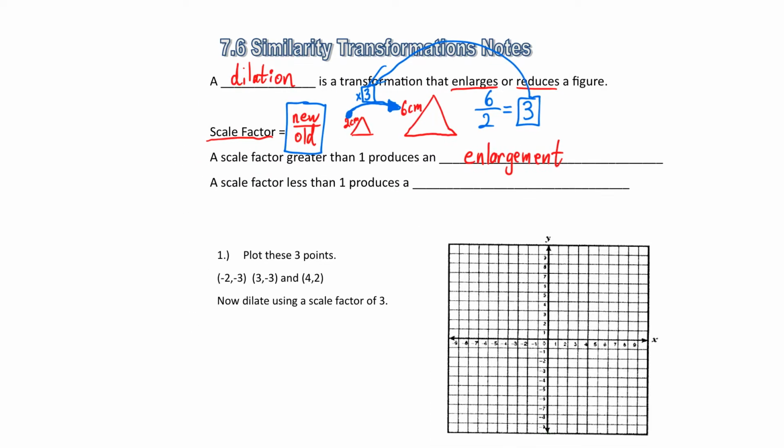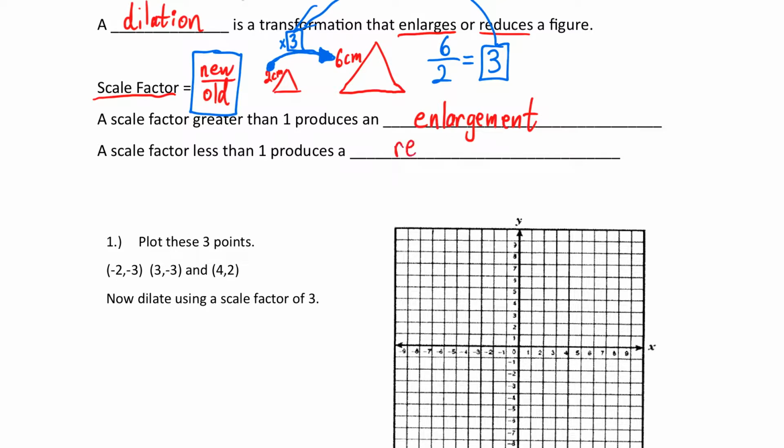Now, if the scale factor is less than 1, and I guess technically I should have said if it's between -1 and +1, but we're not going to deal with any negative scale factors really, so this will work. If a scale factor is less than 1, it produces a reduction. It's going to make it smaller.